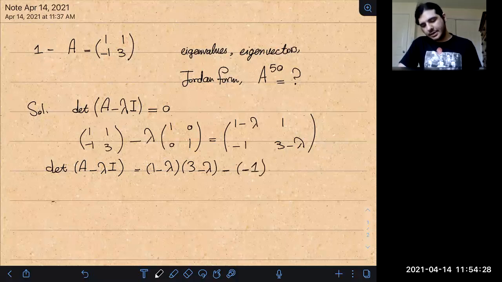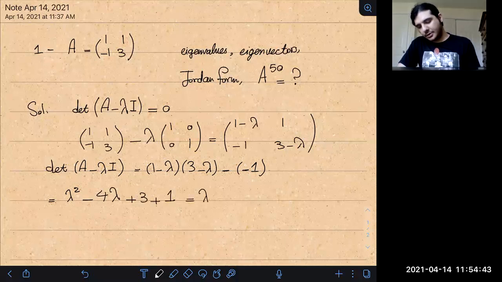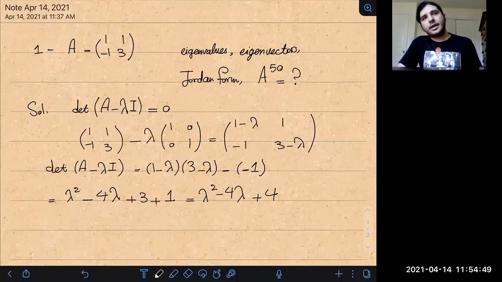Therefore, it is equal to lambda squared minus 3 lambda minus lambda minus 4 lambda plus 3 plus 1, which is lambda squared minus 4 lambda plus 4.